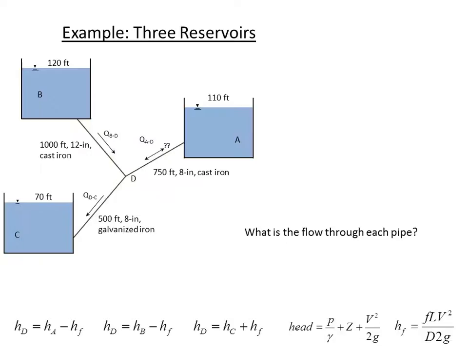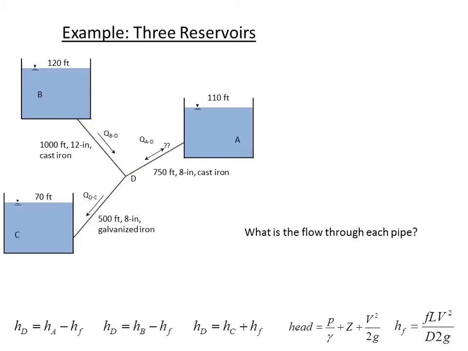So just as some preliminaries, let's gather some info and put it on the board. We've got cast iron. One of the pipes is 12 inches. And the other pipe is 8 inches. And then we've got galvanized iron.